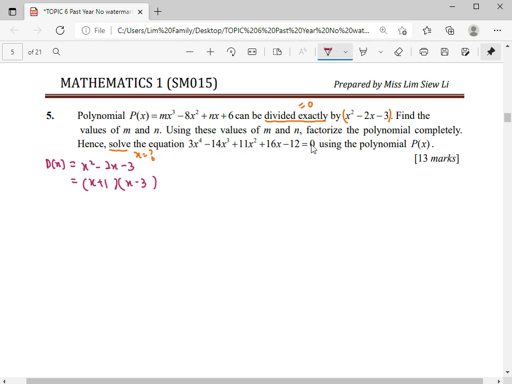So x equals negative 1 comes from this factor, so it can divide exactly. Therefore, we write our polynomial as p, substitute x equals negative 1, and let it be 0.